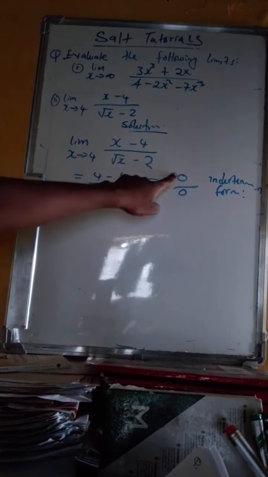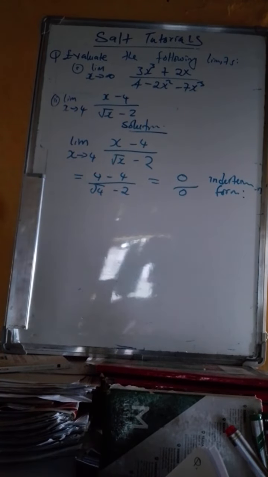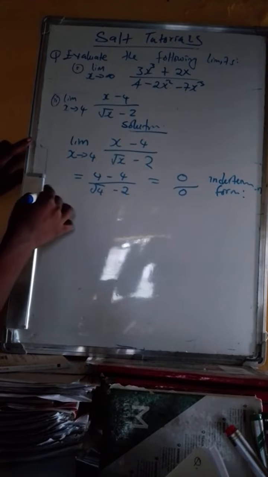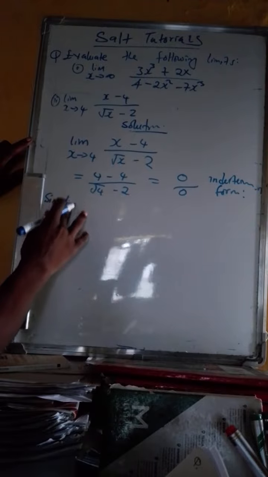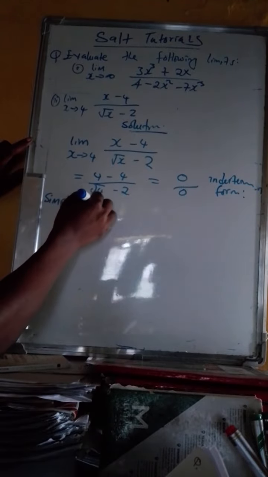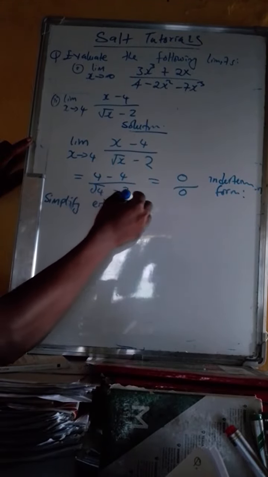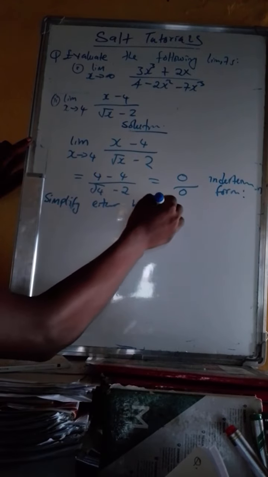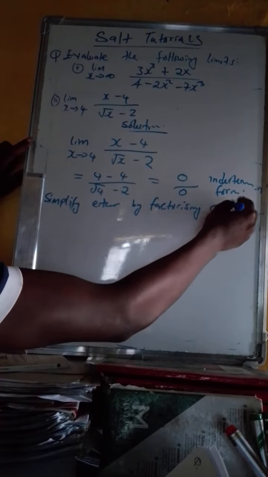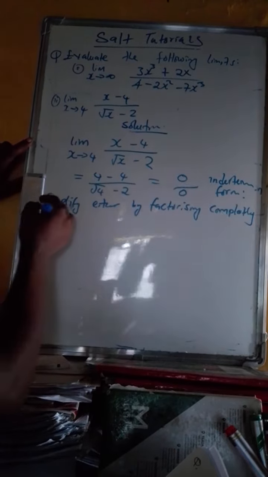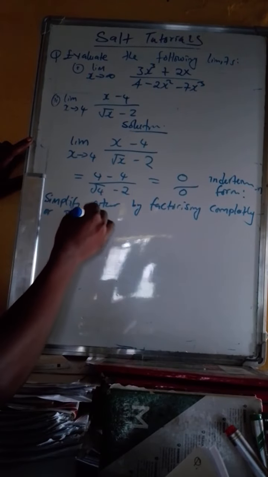So if it brings in a 0 over 0, what do we do? Simplify your function. We can simplify especially by factorizing completely or rationalizing.